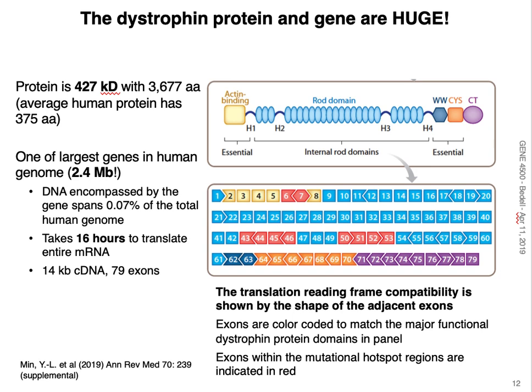The breakpoints of the deletions might be entirely within introns. But what they can do is then cause splicing, but then once they're spliced together, the downstream exons will be out of frame. And that's the problem.